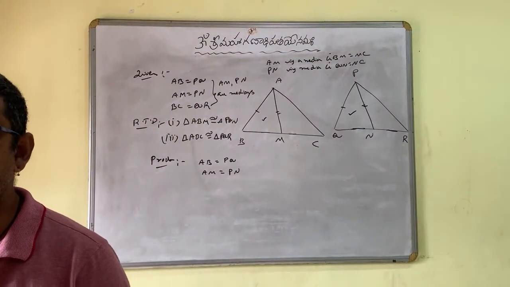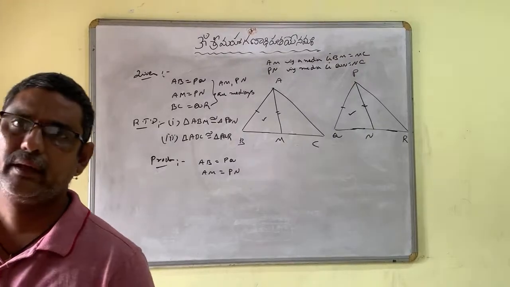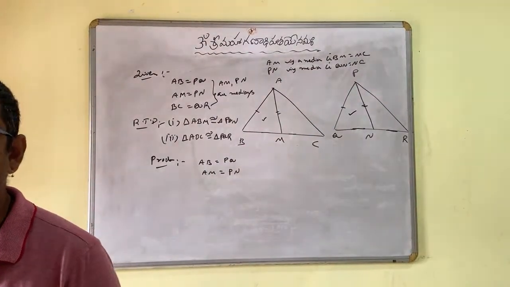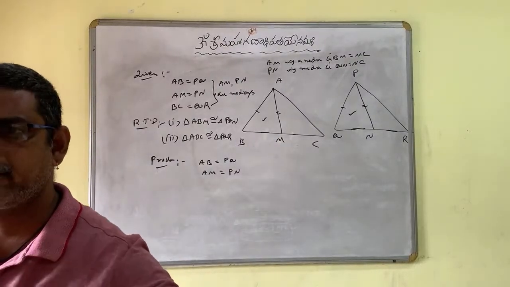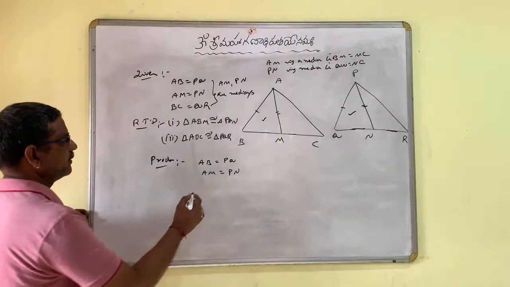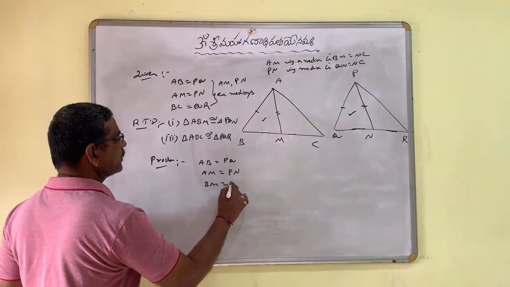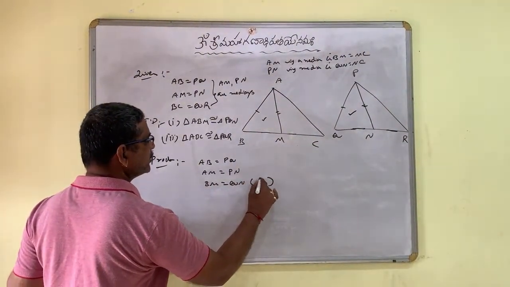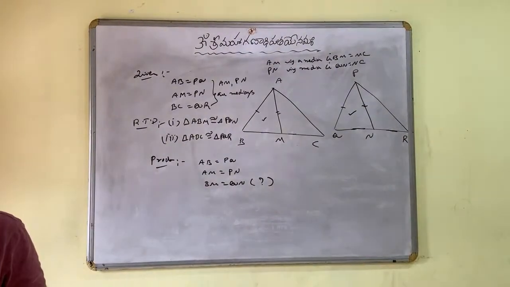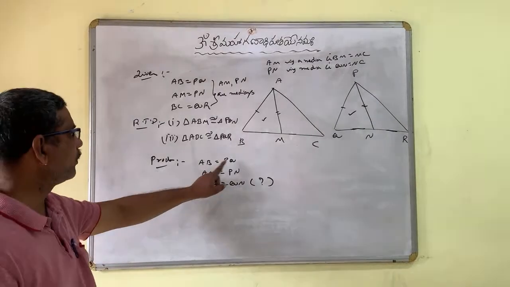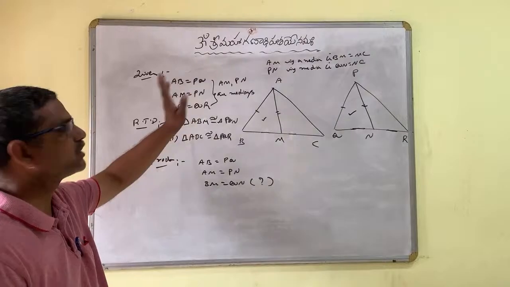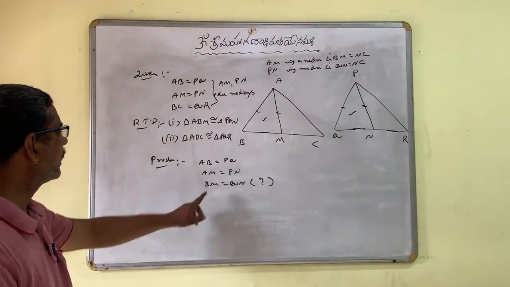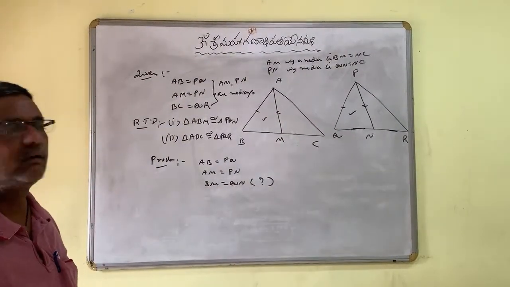Is BM equal to QN? Why? AB is equal to PQ, given. AM is equal to PN, that is also given. But how can you say BM and QN are equal?